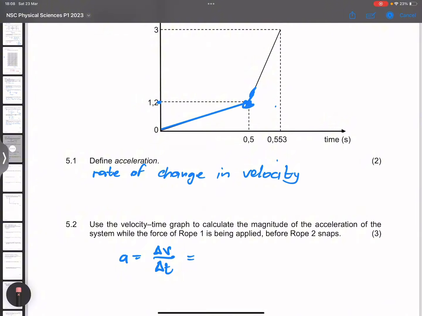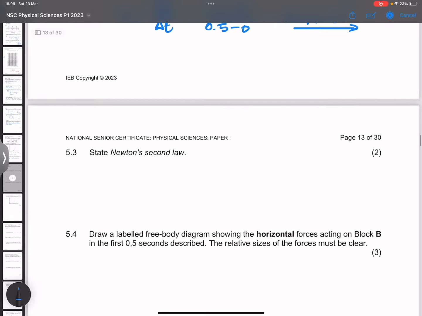So I'm going to say change in y, 1.2 minus 0, divided by change in x, 0.5 minus 0, and in this case, that would mean that my acceleration would be 2.4 meters per second squared. I hope that makes sense, ladies and gents.